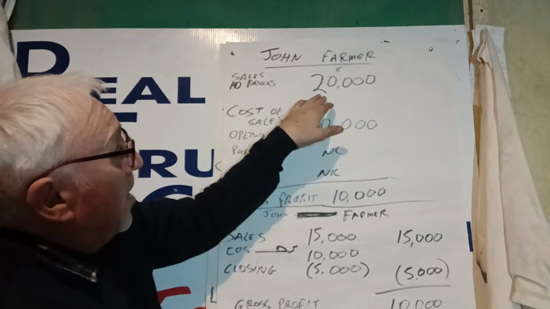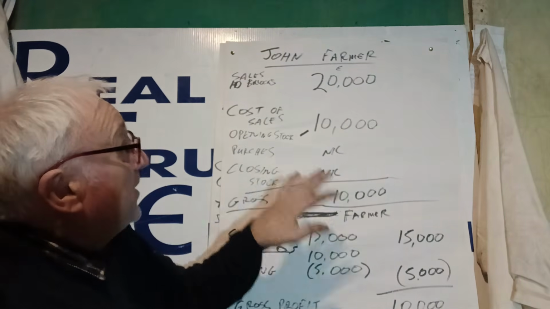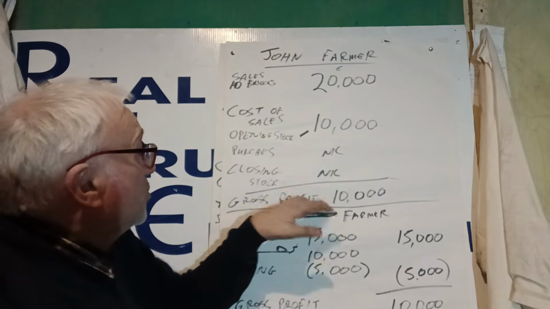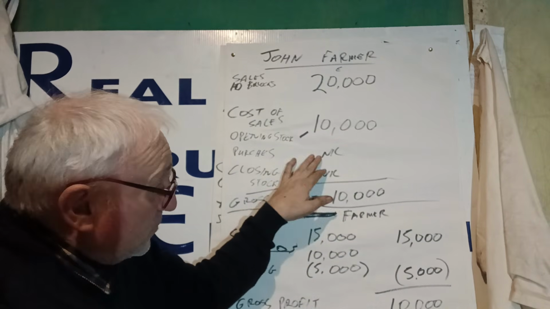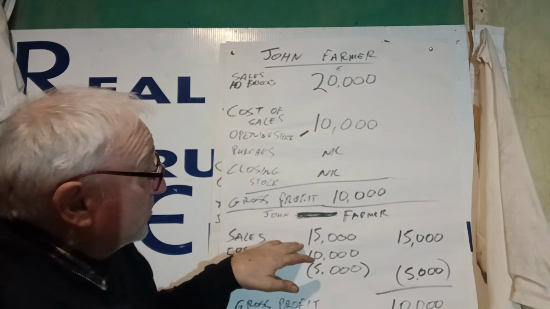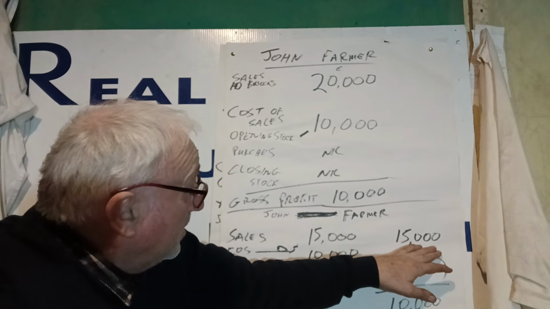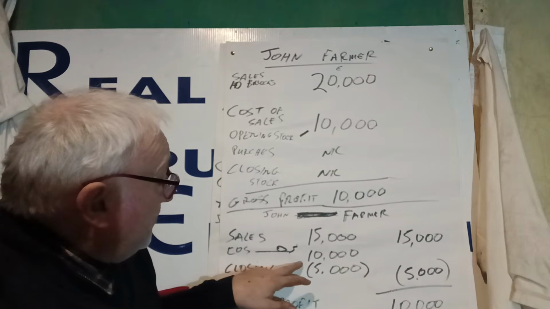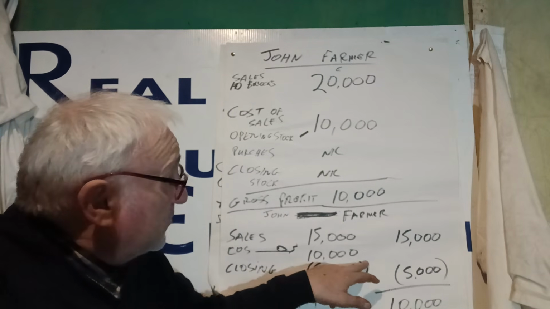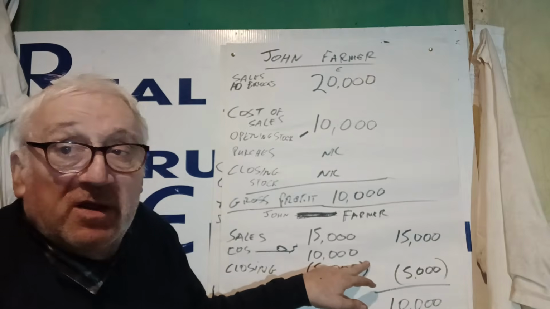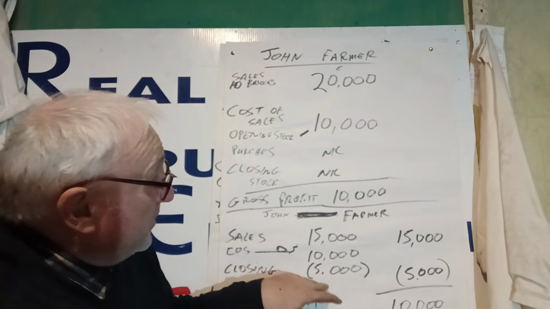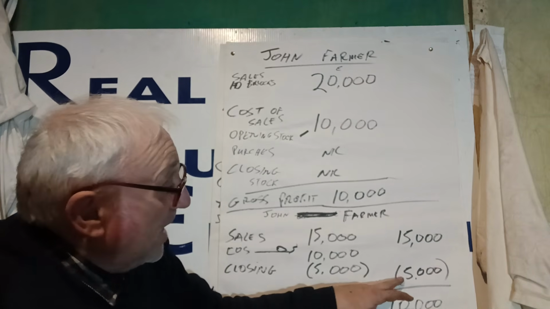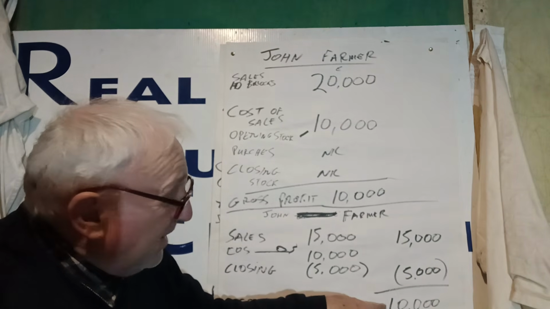Whether he sold them all for 20,000 and just had the opening stock of 10,000 at the beginning and no closing stock or no purchases, it's the same as if he only sold 15,000 worth. He kept a few back. The cost of his opening stock, which he had before the beginning, was 10,000, and therefore he had a closing stock of 5,000, and the 5 from the 15 leaves the 10.